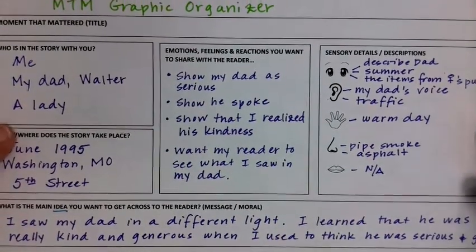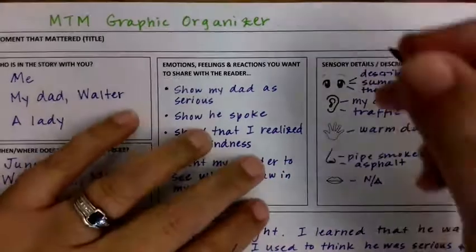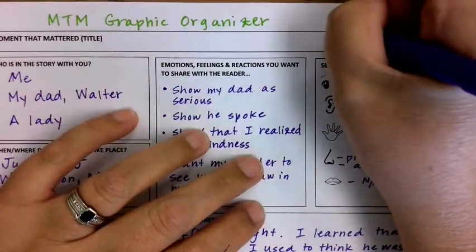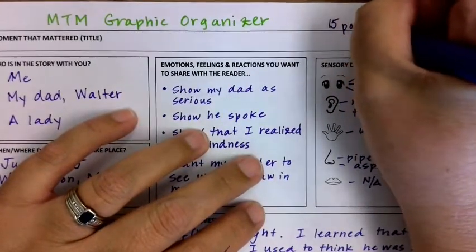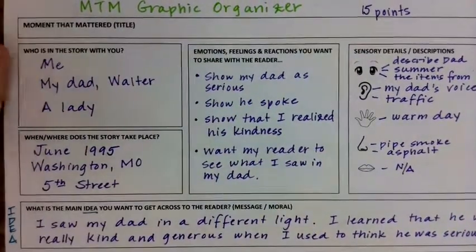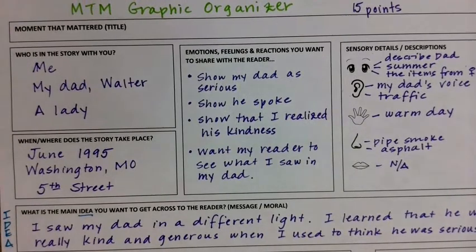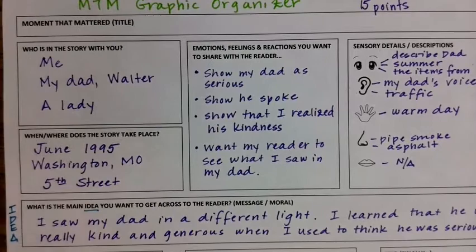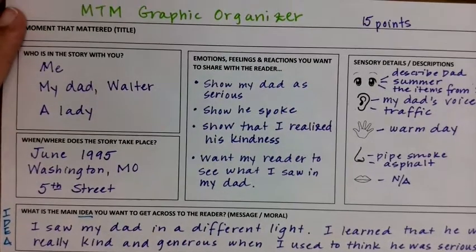Okay. Well, actually, no, I'm not encouraging you. I'm making you, because we're going to give you 15 points for doing your organizer. Okay. So we got about 8 boxes on here. If we did two points per box, and probably 1 for the title, and then 2 points for every other box. Okay. All right.